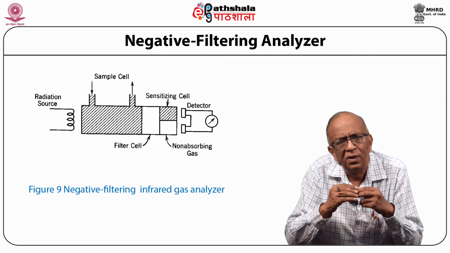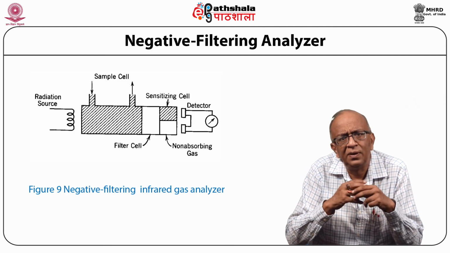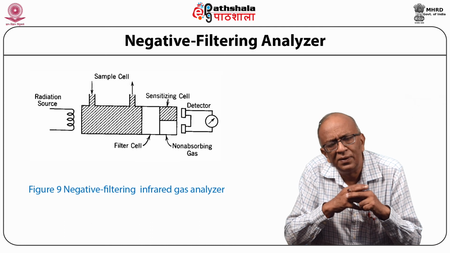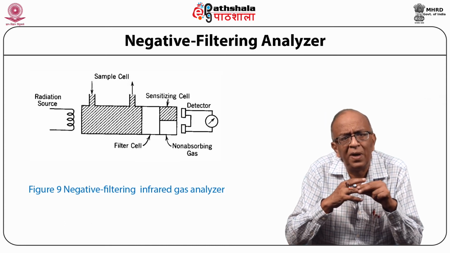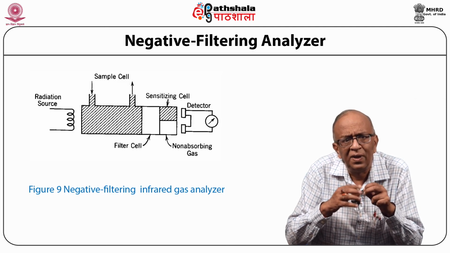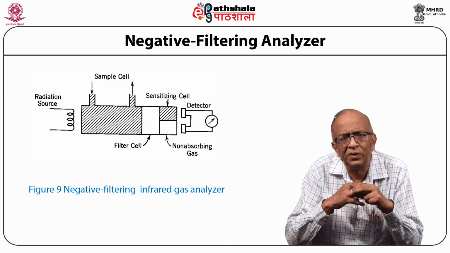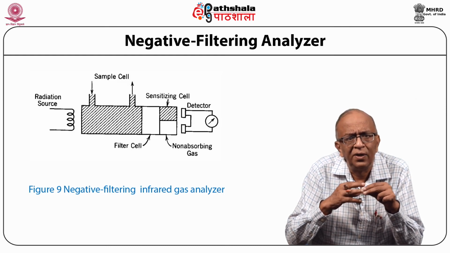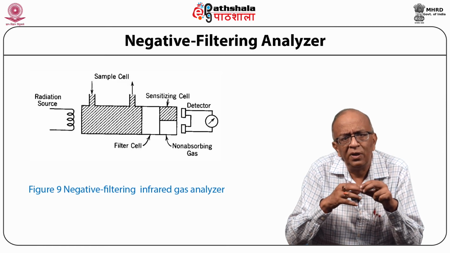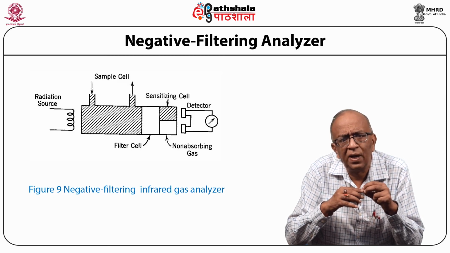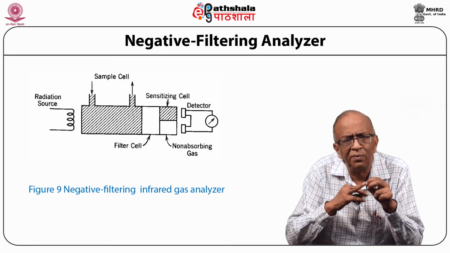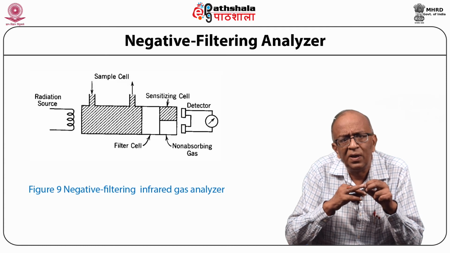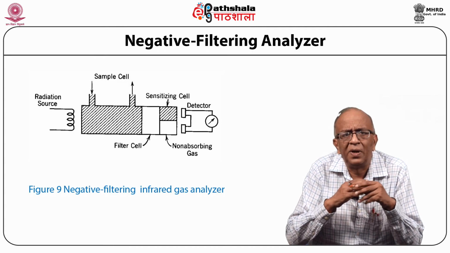This affects only the side of the detector preceded by the chamber containing the non-absorbing gas, and the difference signal between the two halves of the detector is reduced. Because infrared absorption bands are not unique for each component, there may be unwanted absorption by other components in the sample that interferes with the measurement.